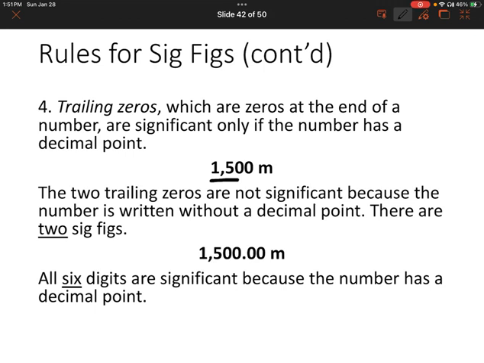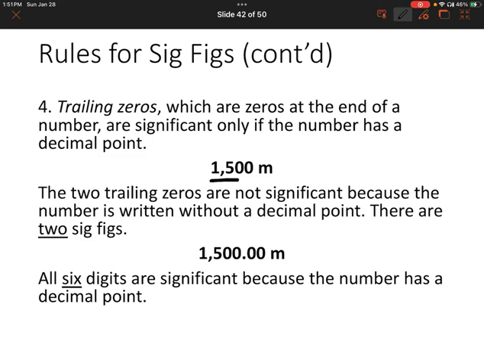But if we want to indicate that we are definitely positive that the length of something is 1,500 meters exactly, then we're going to put a decimal point and we're going to try to list as many zeros as we are sure of plus an estimated zero, right? So in the second written value, we have 1,500.00 meters.